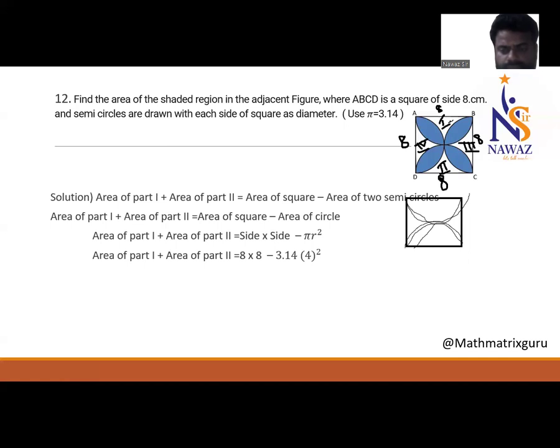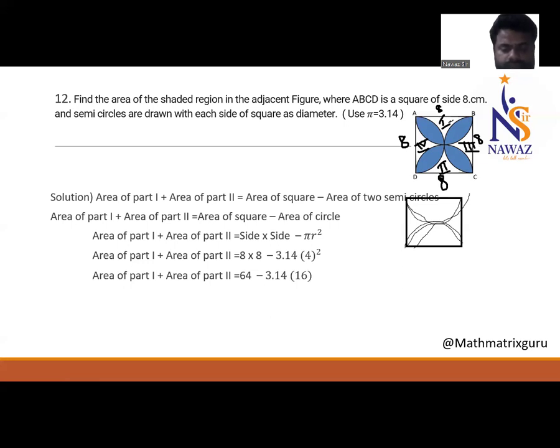So side into side means 8 into 8, minus pi, whose value he has given as 3.14, and r is half of the diameter. Diameter is 8, so radius will be equal to 4.